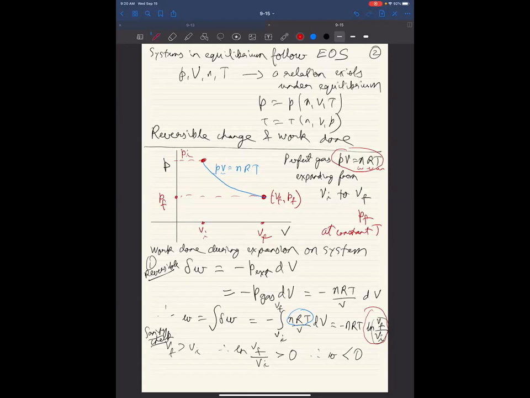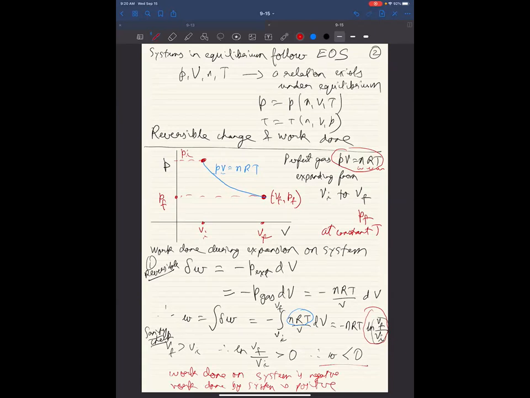So this makes sense. Work done on the system is negative. Work done by the system is positive. Okay, so this was case 1.